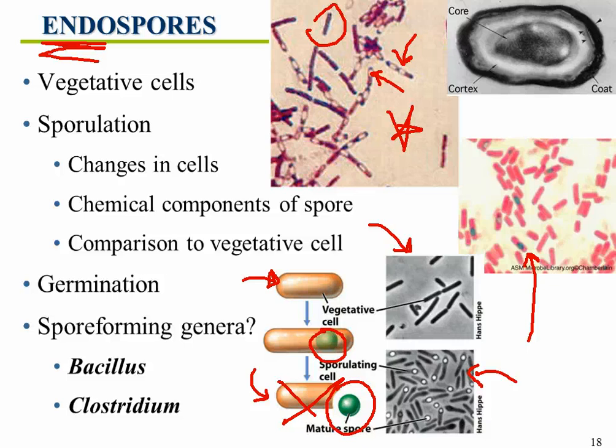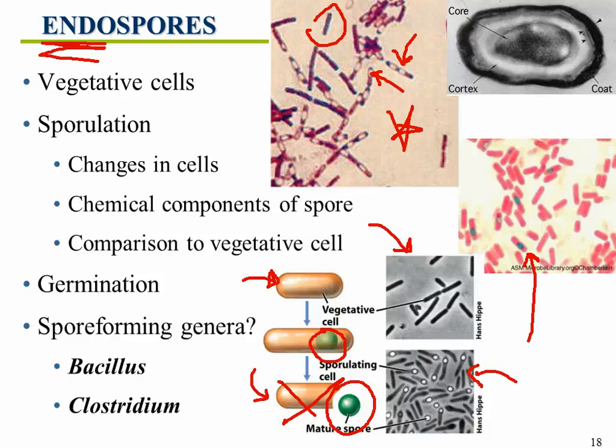They are totally dehydrated, dormant, and last hundreds and hundreds of years in a dormant state. When times get better, that is, if there's food, if there's rain, no radiation, the environment is better for them, they will germinate back to a vegetative cell. So they go back and forth between the vegetative cell and the endospore.